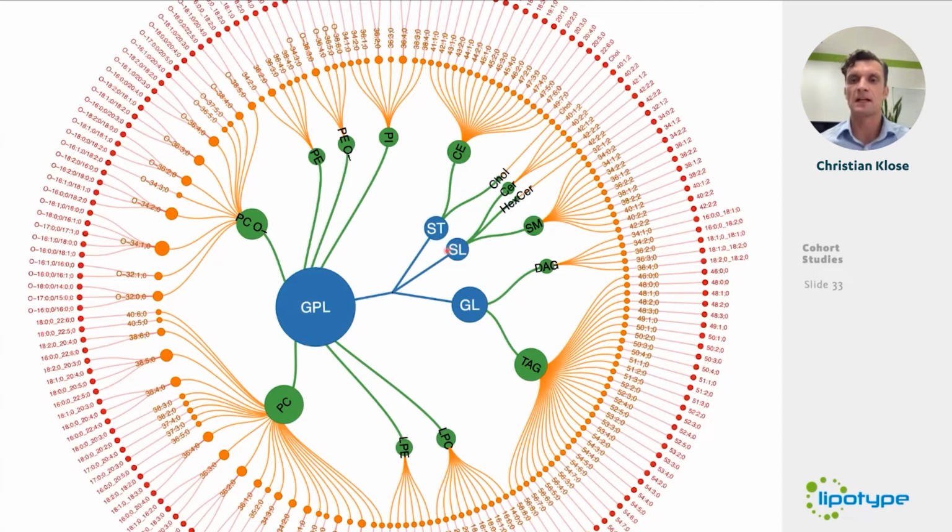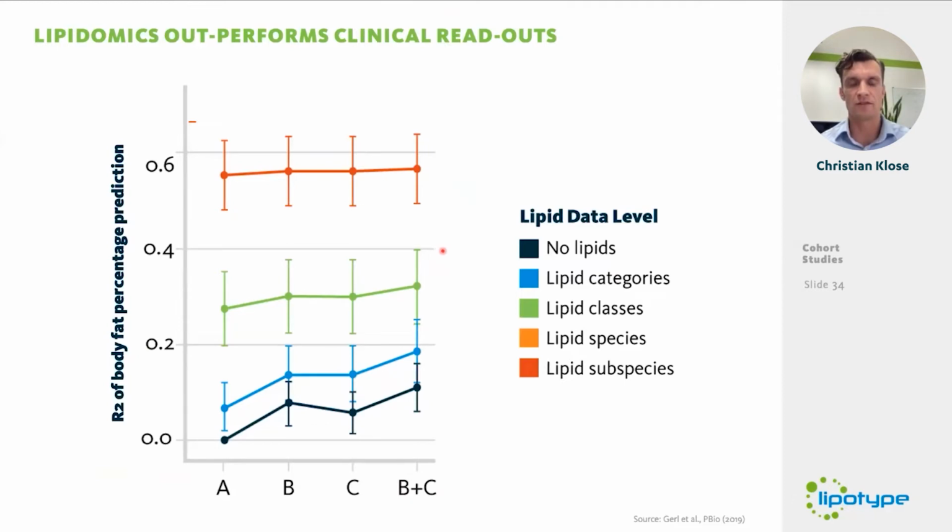So now one can use these different levels of information that we find in the lipidome to find out whether it provides additional information to the classical clinical lipid parameters such as HDL and cholesterol. And this is what we've done here in this figure. So let me take you through this.